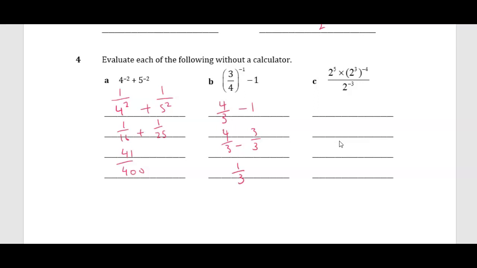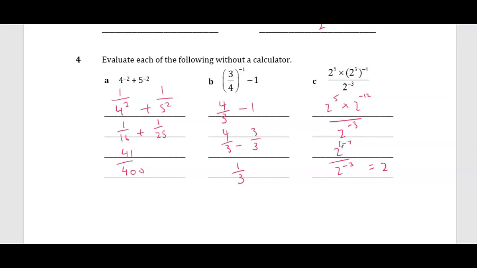All right, question C. So we've got 2 to the power of 5 times 2 to the power of negative 12, over 2 to the negative 3. All right, when you're multiplying the same base, you add your powers. So 5 plus negative 12 is negative 7. And then let's do the division.